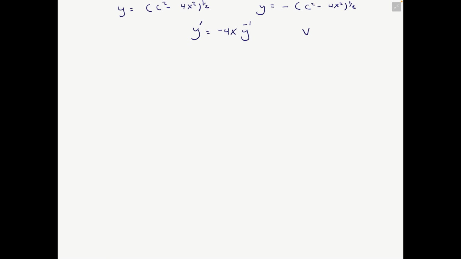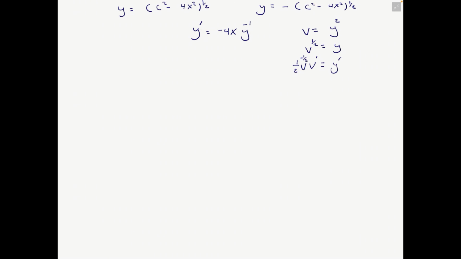So, we use a v substitution, which is v equals y squared. V to the 1/2 equals y. 1/2 v to the minus 1/2 v prime equals y prime.